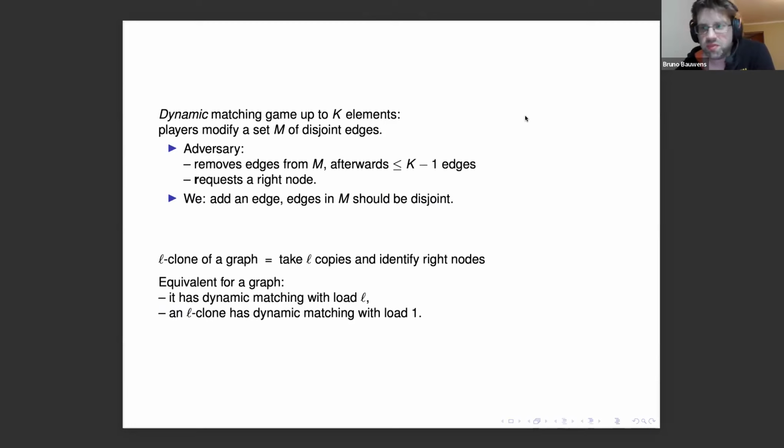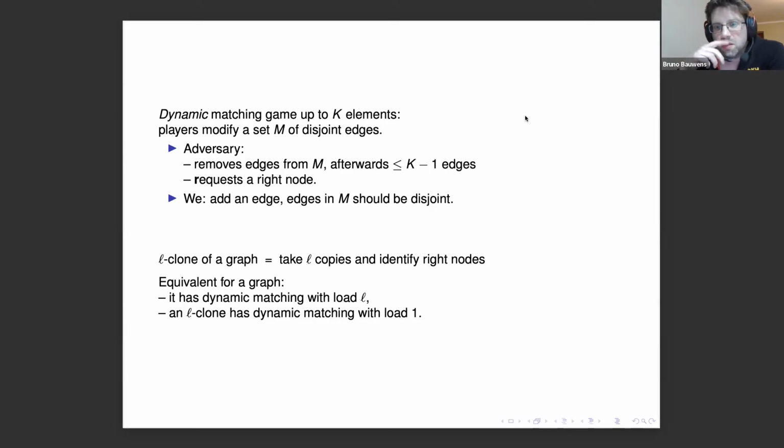And so I will prove the greedy algorithm, not with load, but with copies of the graph. Okay, so let us recall the game. The adversary removes edges from M. And afterwards, there are at most k minus 1 edges, and he selects a right node, and we need to add an edge that does not touch the other edges.